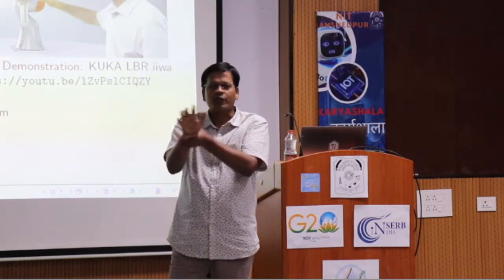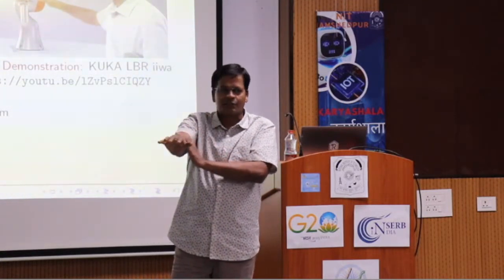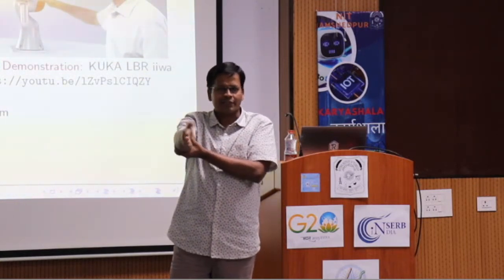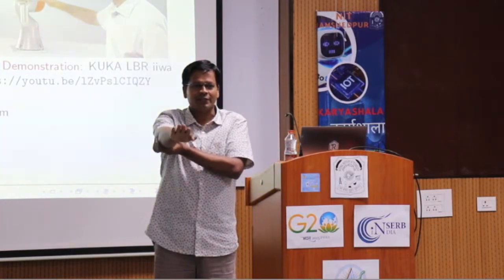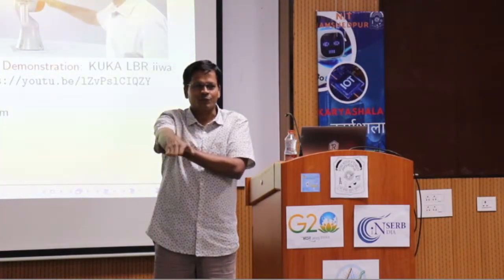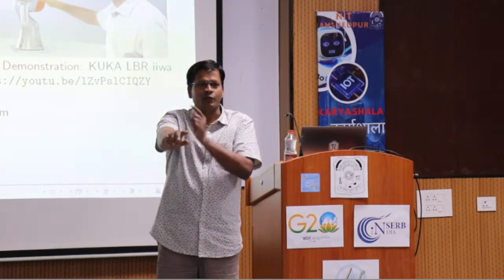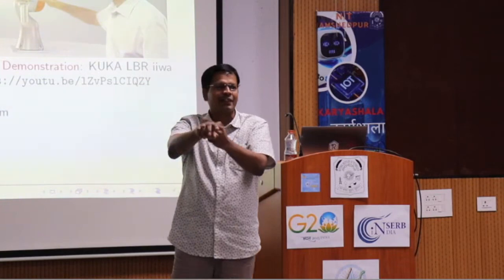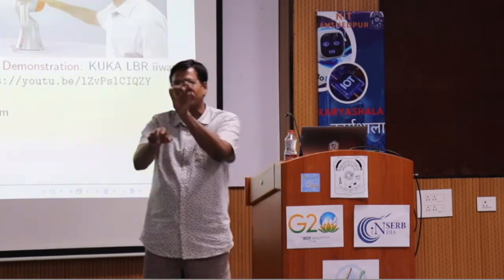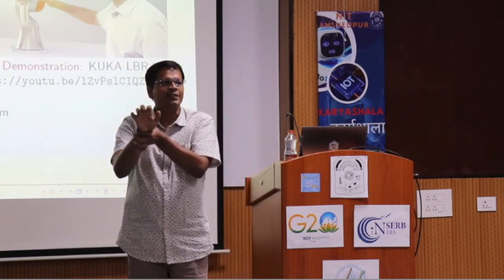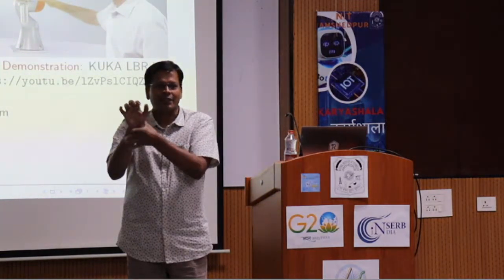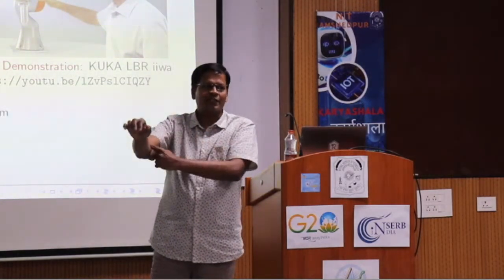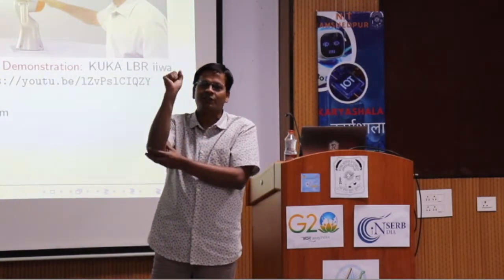Now the wrist. The wrist can go about this way, in 2. Keep watching. One, then 2, and then 3. With respect to this, you have an additional 3. That means 3 intersecting axes are here. All the 3 axes intersect at a point that is known as the wrist center point. Right? We call it the wrist center. And you have 3 degrees of freedom here. So 3 here, 1 here, 3 here. The arm has 7 degrees of freedom.